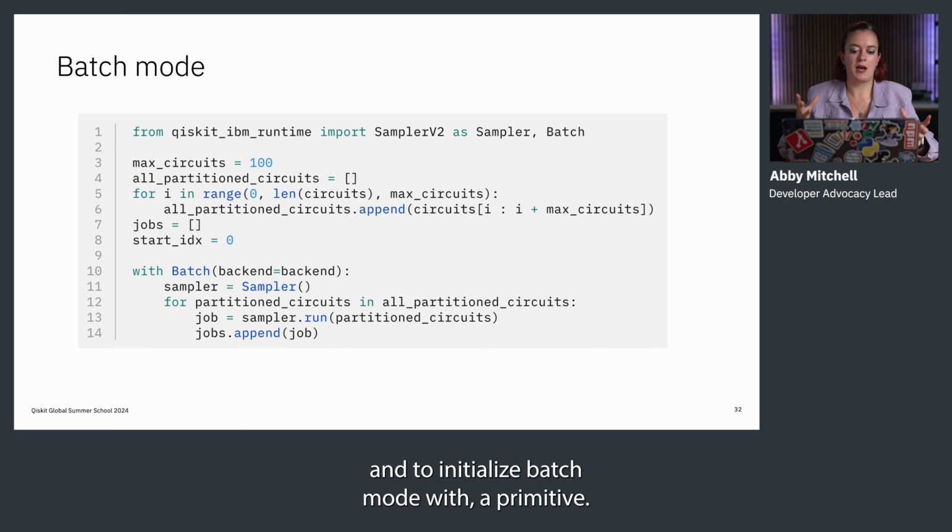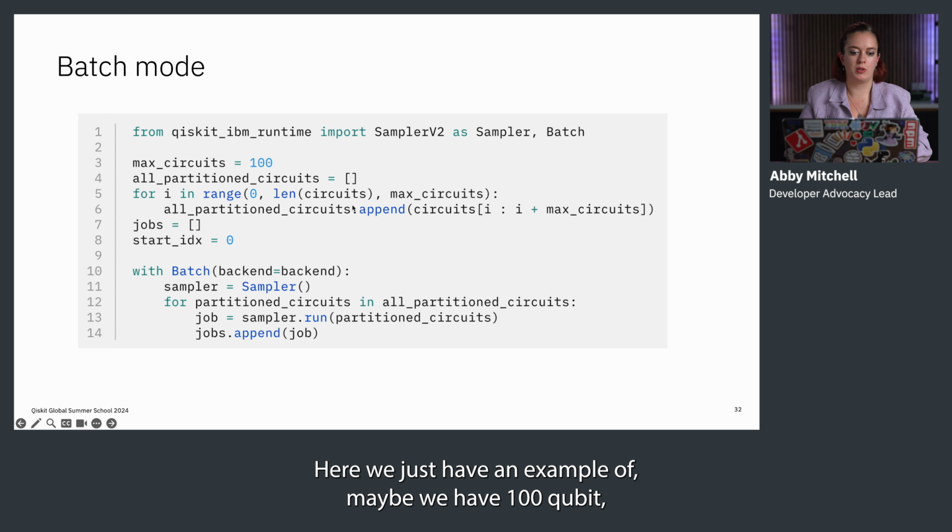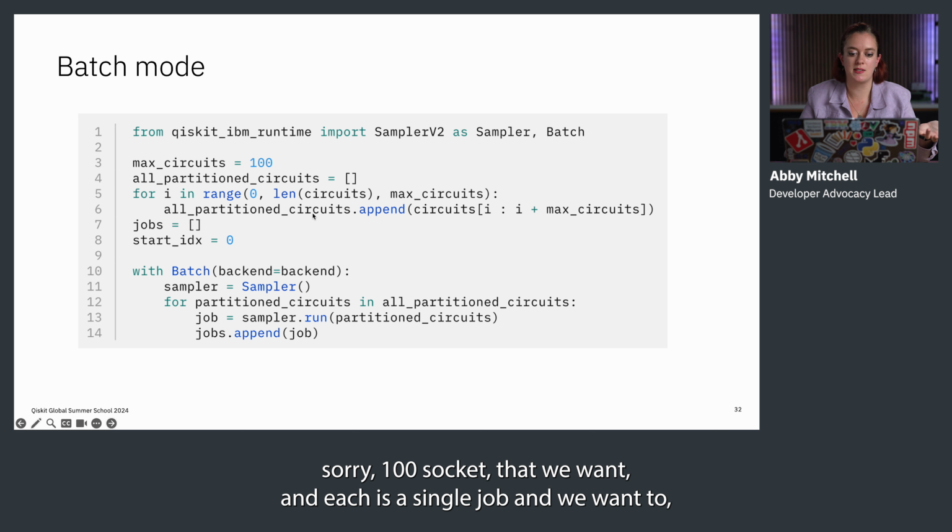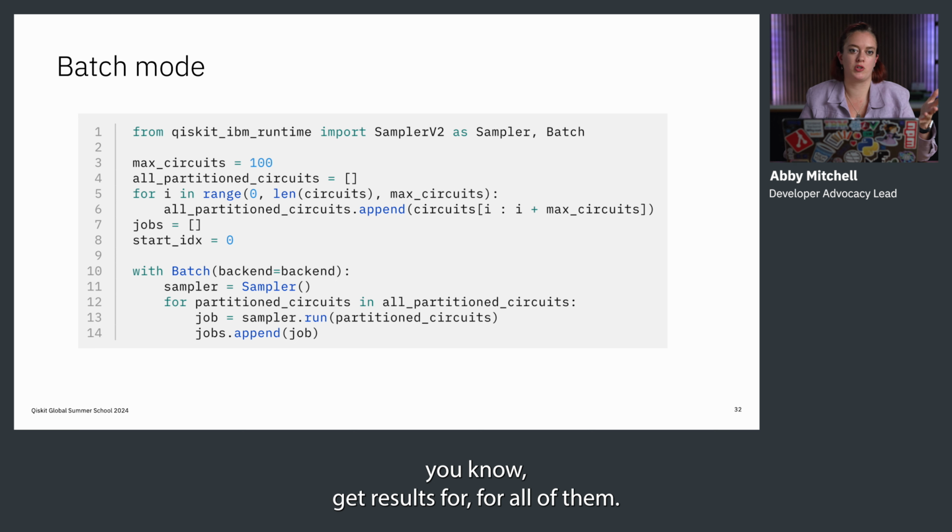And to initialize batch mode with a primitive, here we just have an example of maybe we have 100 circuits, each is a single job, and we want to get results for all of them.